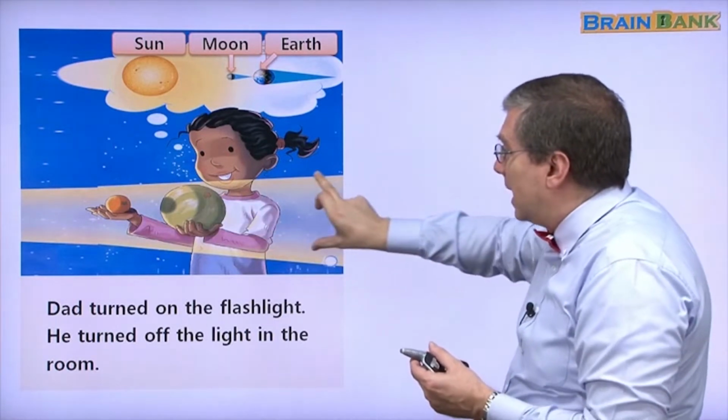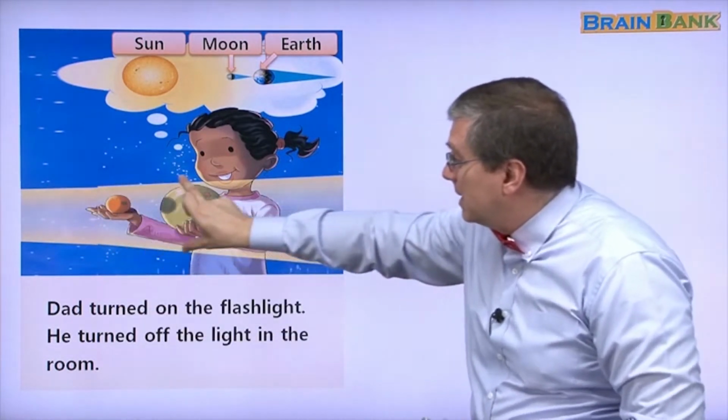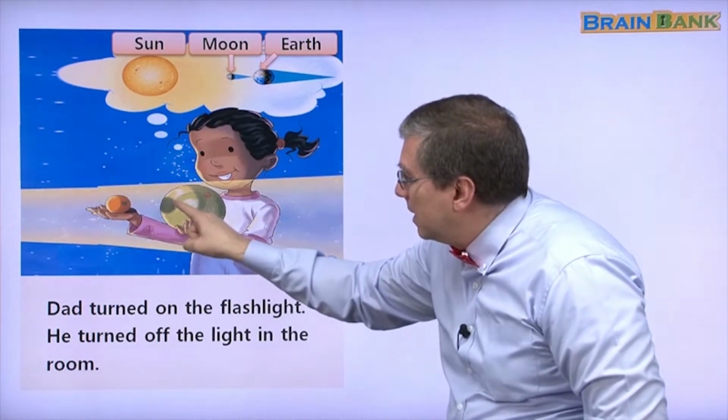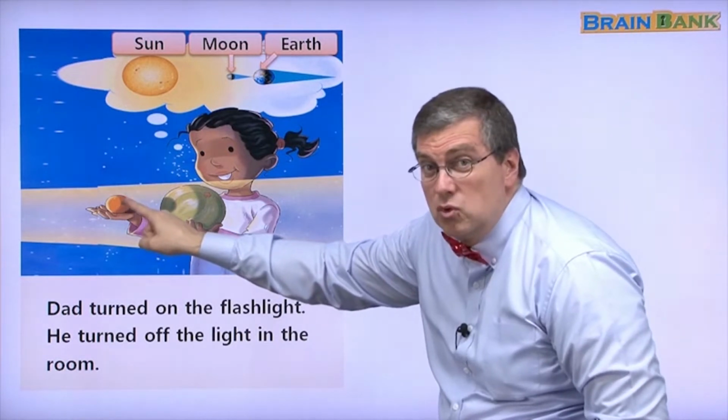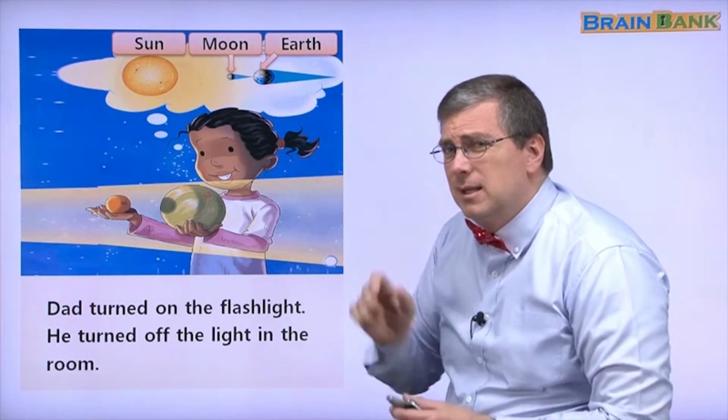This is the light from the flashlight. Do you see the light here? So we see the light, you see something here, right? Remember, this is the moon, this is the earth. What's happening? Let's read.